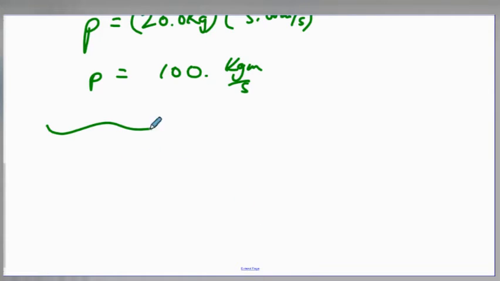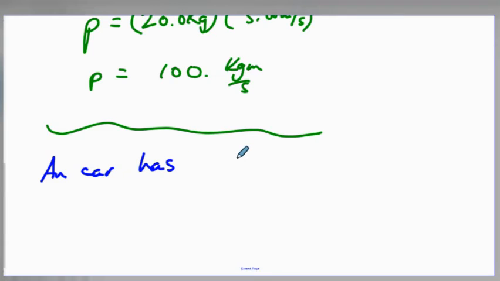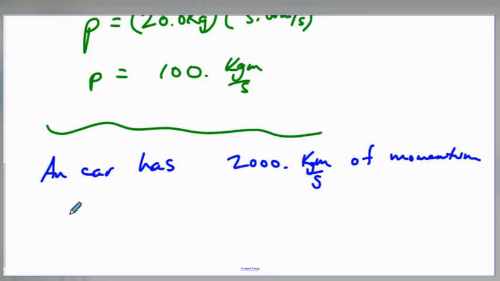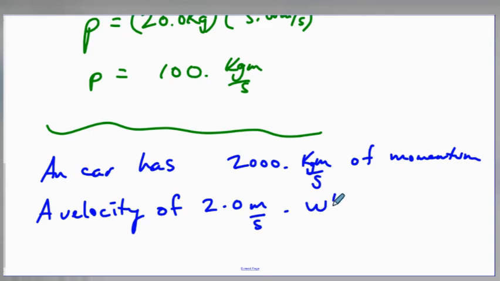Likewise, if we were given momentum, so let's say a car has 2,000 kilogram meters per second of momentum, and it has a velocity of 2 meters per second, what is the mass?